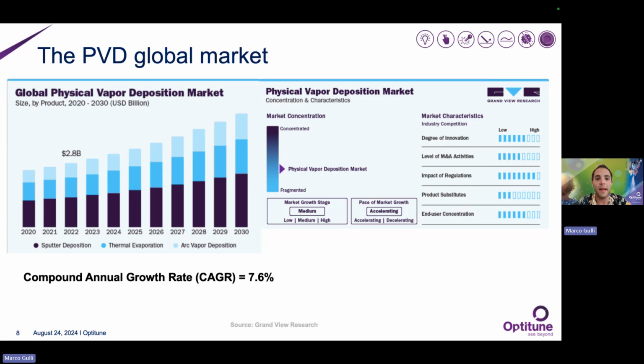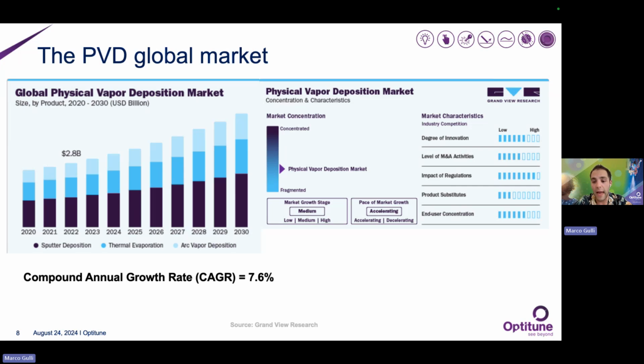Here, for example, we can take a look at some figures taken from Grand View Research. In the left graph, we can see the predictions in terms of the PVD market at a global level. And the compound annual growth rate here is around 8%.